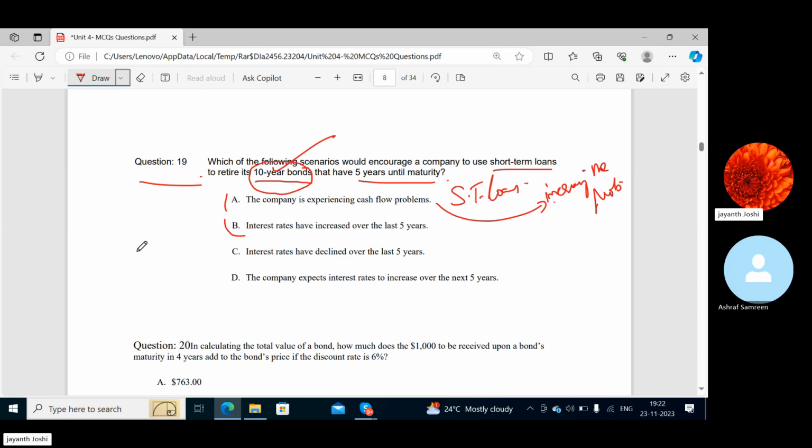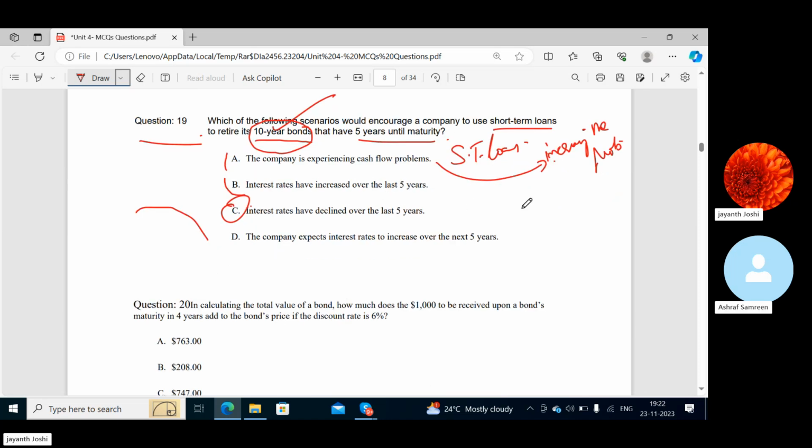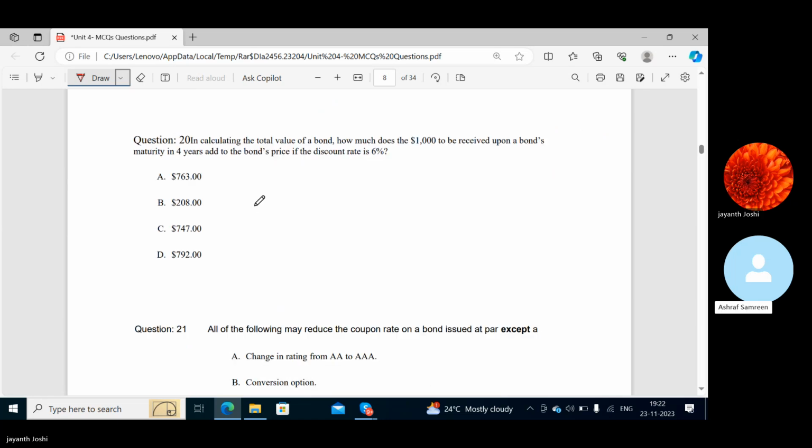So if interest rates are declining, they can take short-term loans and repay. Again, if they have issues, they can take short-term loans again. So this will be an ideal option. Whenever interest rates are going down, it's very lucrative: you can immediately borrow and pay off, and again take short-term loans when needed. Next.